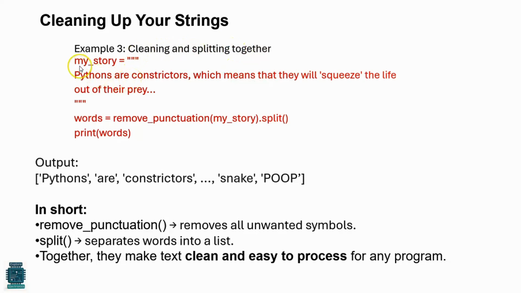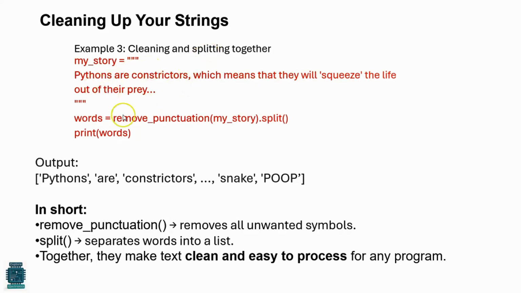Let us see. my_story is equal to "Pythons are constrictors, which means that they will squeeze the life out of their prey." This is the sentence I have. Here I have to clean and split together. Clean means I have to remove all the punctuations, whatever I have, the comma or the quotation mark, and split.